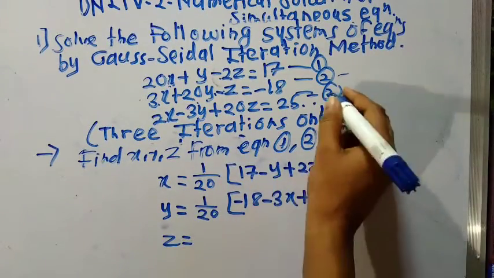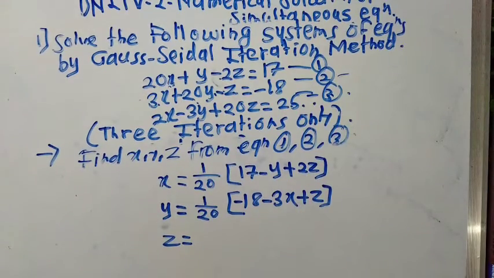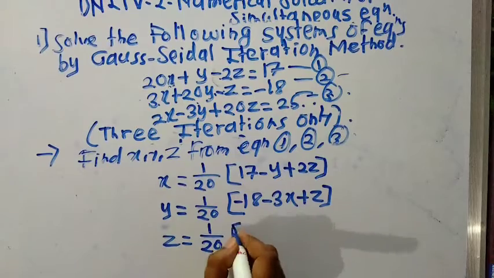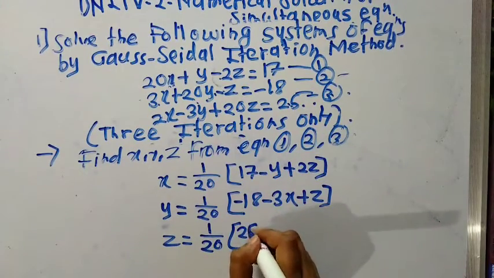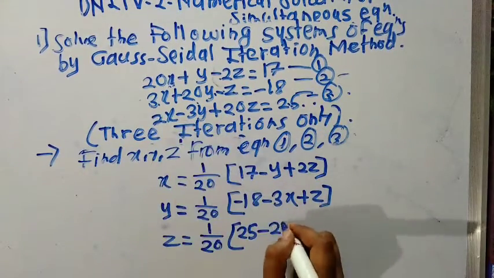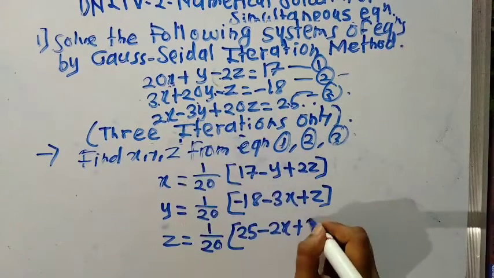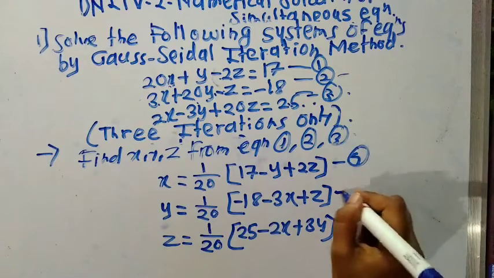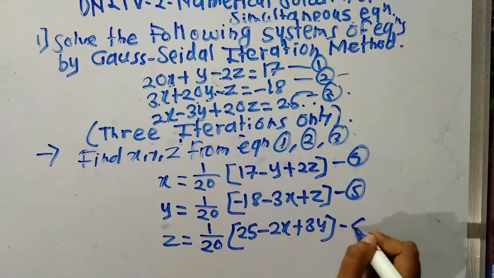Then z is equal to, from the third equation, the coefficient of z is 20, so 1 upon 20 into 25 minus 2x plus 3y. These are the fourth, fifth and sixth equations.